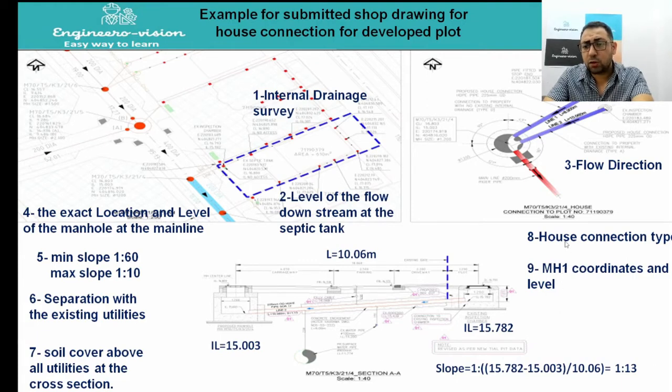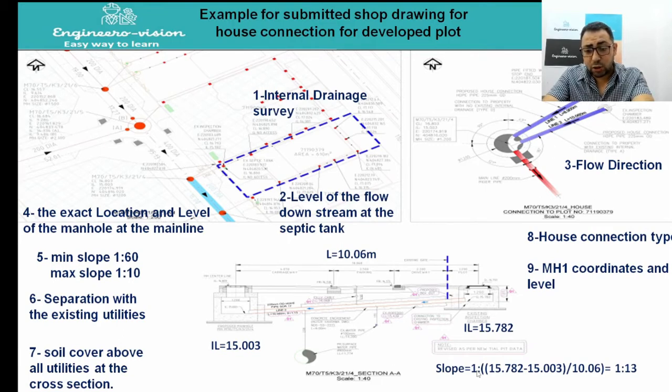We need to check the house connection type. What does it mean, house connection type? We'll go through this in the coming slides in detail. We need to know the MH1 coordinates and level. As I said before, this inspection chamber or manhole inside the house, from which we are going to take the flow to the main line, we call MH1.